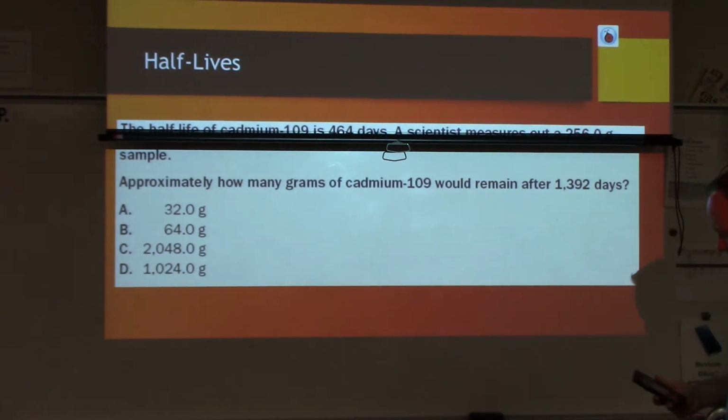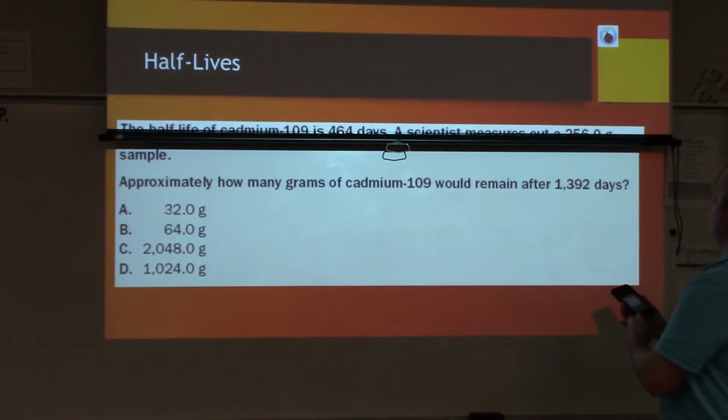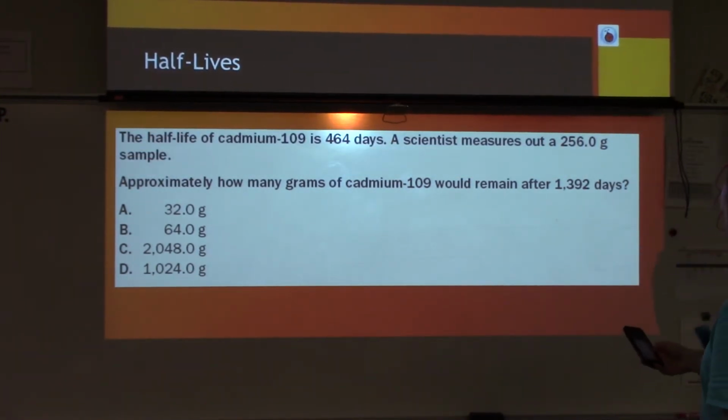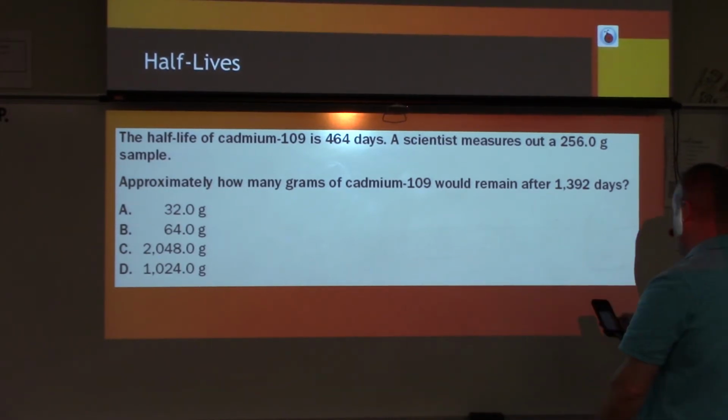All right, so the first thing you want to do when you solve this is figure out how many half-lives are in 1,392 days. So I'm going to put 1,392 into my calculator, and I'm going to divide that by 464.